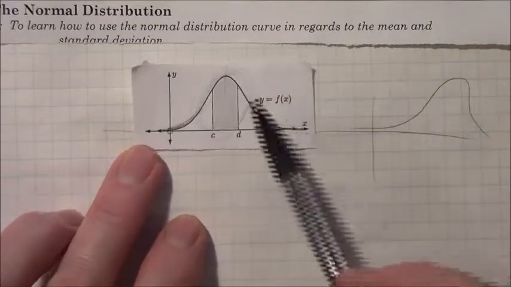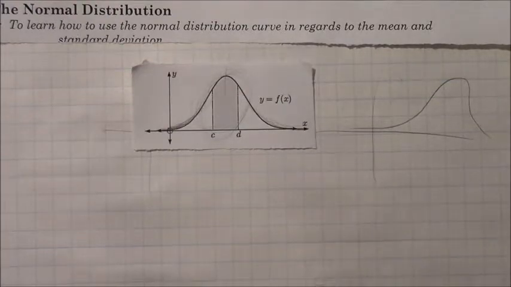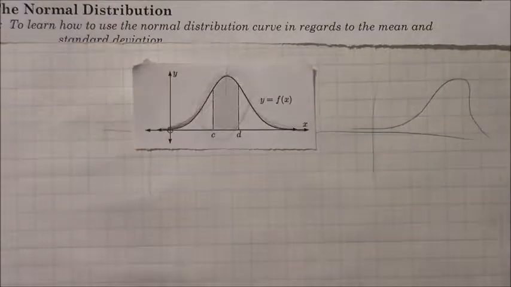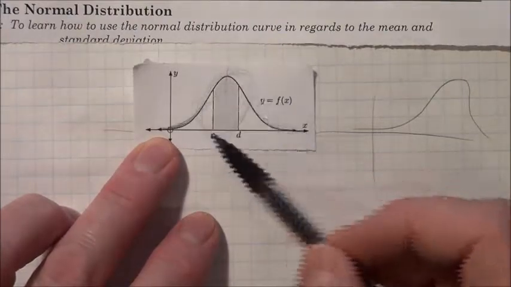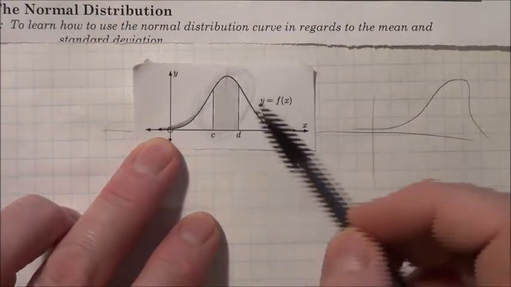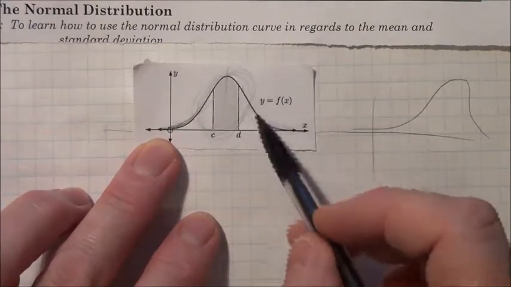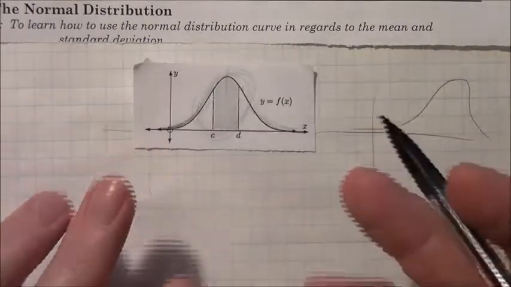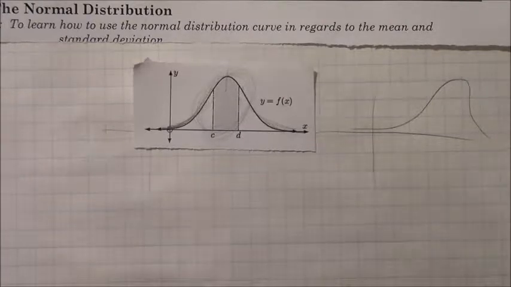So that could be an example of a normal distribution. We could talk about the masses of Russian brown bears, where again the majority of the masses are right in the center, and there are fewer and fewer of the heavier ones and fewer of the lighter ones as well. So that's how we would see a normal distribution curve.